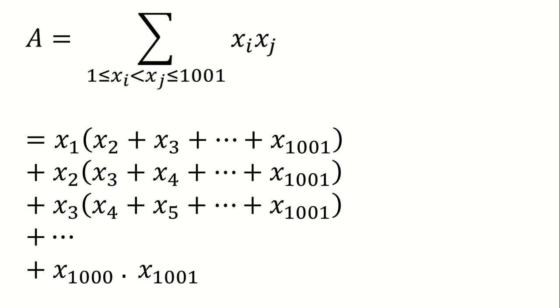And we can name the whole expression A. So A is equal to sigma xi xj, where 1 is smaller than or equal to i, smaller than j, and j is smaller than or equal to 1001.